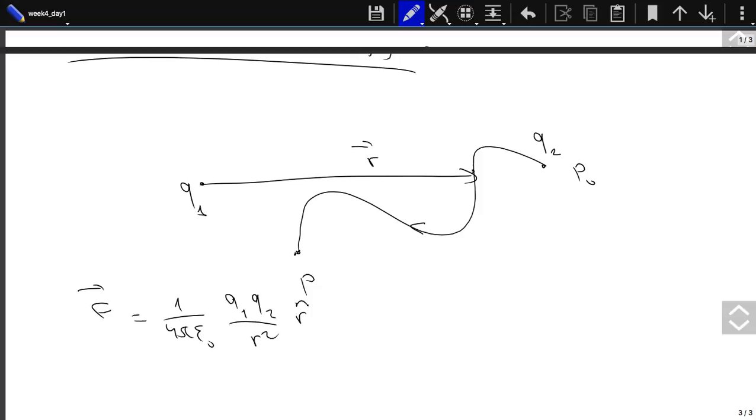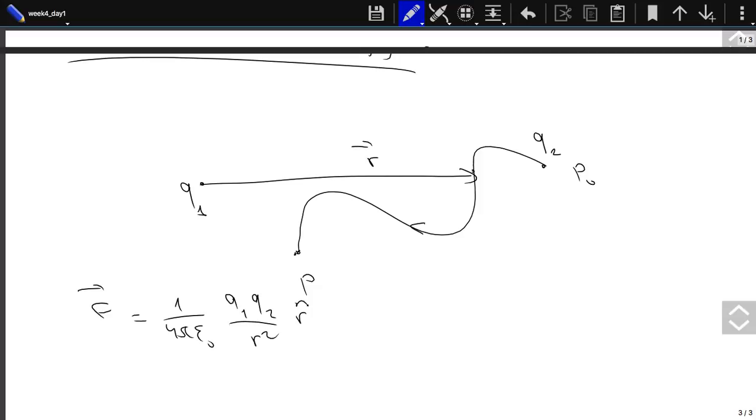Well, if we want 0 acceleration, the net force should be 0. So the force that we are exerting should be minus this one. It's moving, but 0 acceleration. And 0 speed. Well, it's moving so slowly that it takes infinitely long to reach this point.